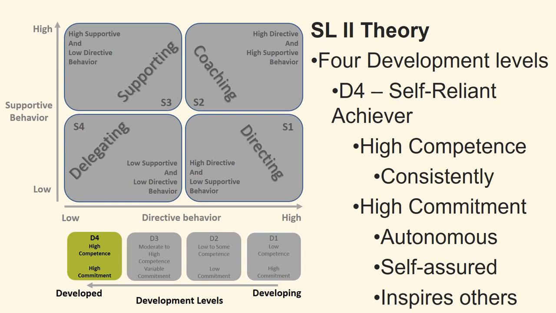Development Level 4. The employee is a self-reliant achiever. The employee has high competence. The employee is consistently competent. The employee is recognized by others as an expert. The employee has high commitment. The employee is autonomous.